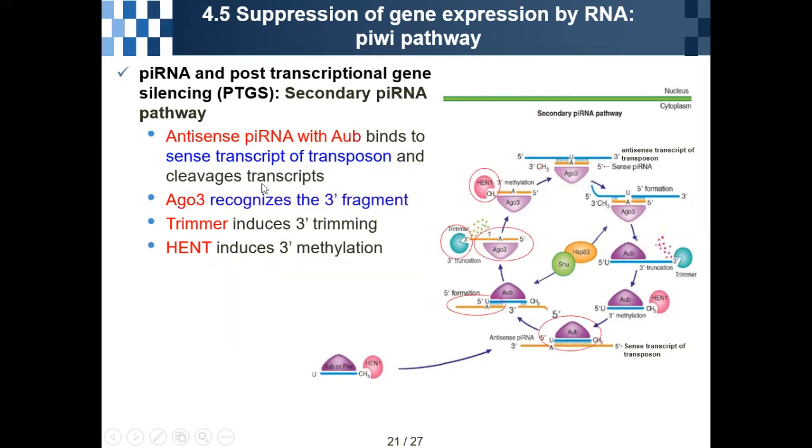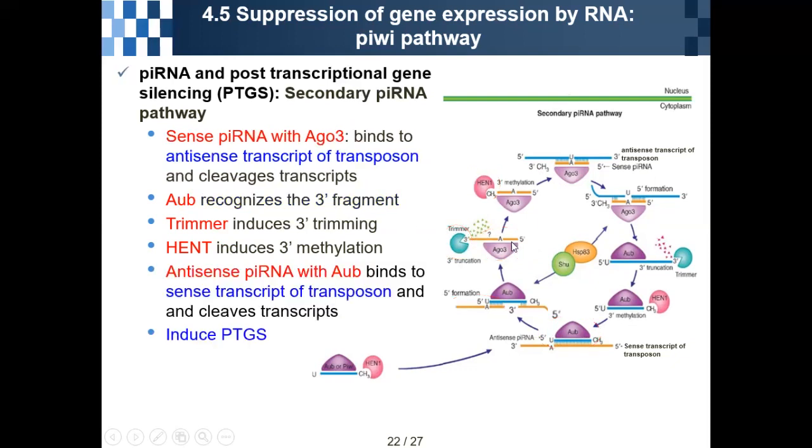So at the first step, they also cleave the sense transcript of the transposon, which means it can also induce PTGS. They also bind to the antisense transcript of the transposon and cleave the transcript, so it will also induce PTGS.